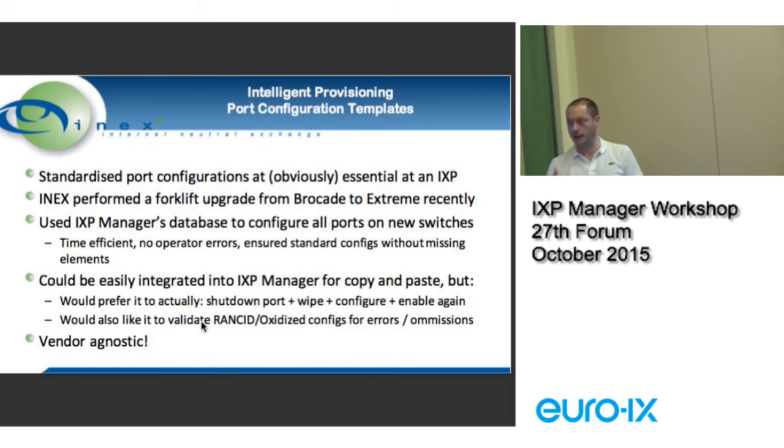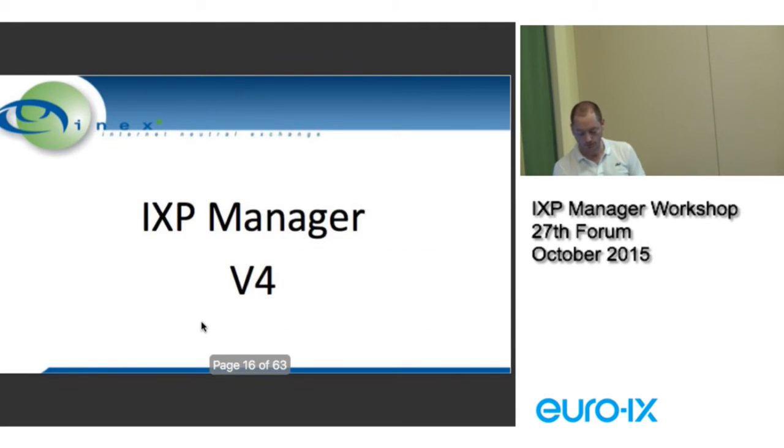And when you build that kind of logic into IXP Manager, then you create new tools. It would also be good, if you back up configs with rancid or oxidized, to be able to pull those scripts to make sure you're not missing any elements of the port config. Maybe you're missing a broadcast storm control or layer 2 ACL or anything like that. So that should all be possible with those kind of tools.